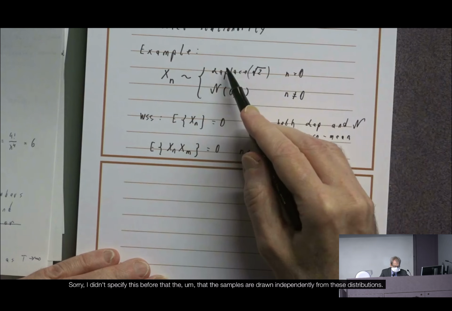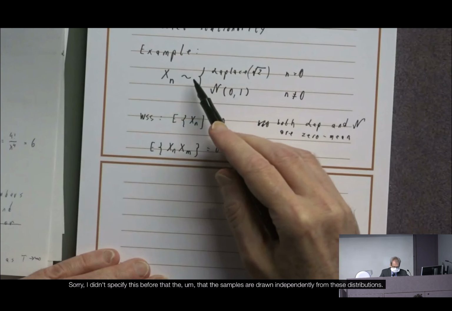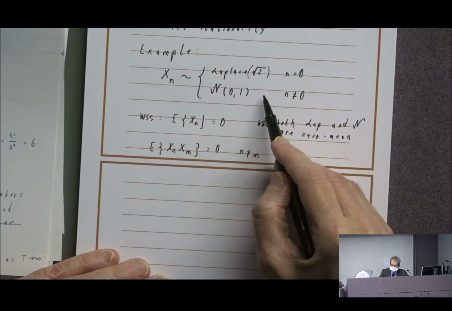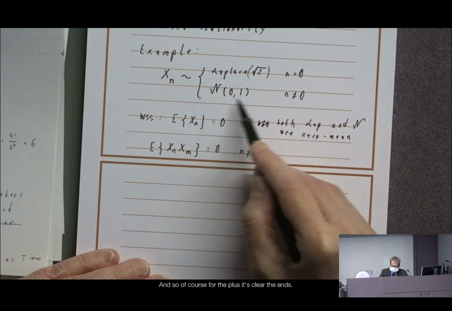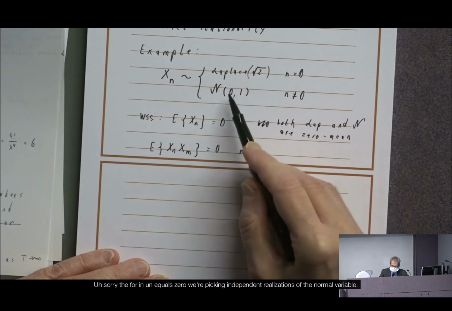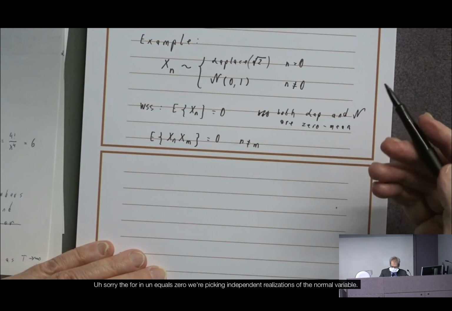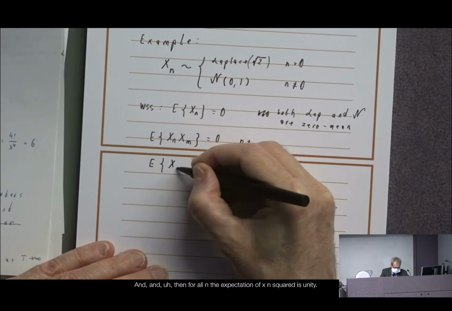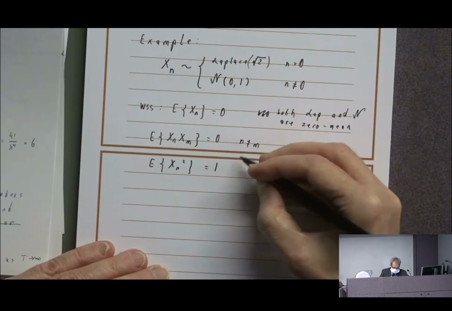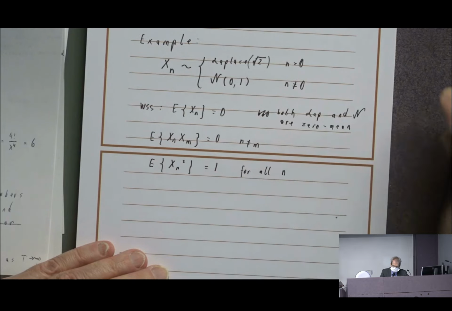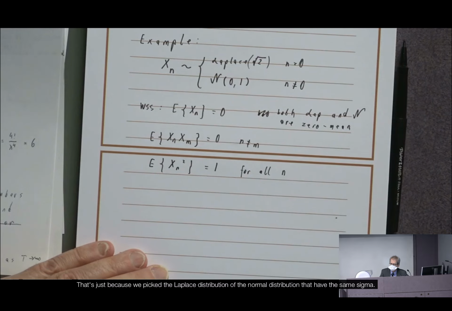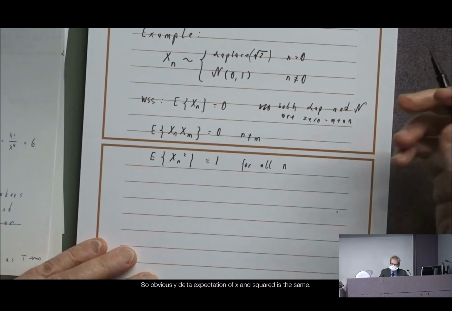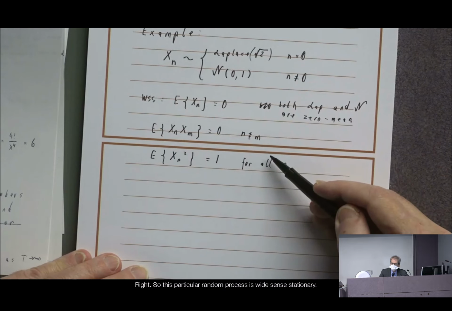Sorry, I didn't specify this before: the samples are drawn independently from these distributions. And for all n, the expectation of xn squared is unity. That's just because we picked the Laplace distribution and normal distribution that have the same sigma, so obviously the expectation of xn squared is the same. So this particular random process is wide sense stationary.